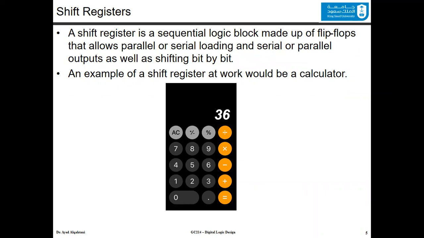If you press 8 after this, there will be a shift and you insert the 8, and at the end you have a shift and you insert the new value 4. So you can see that the application of shift registers has a lot of different benefits, and the calculator is one of the famous examples.